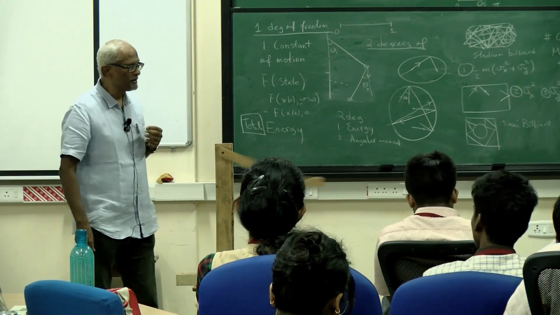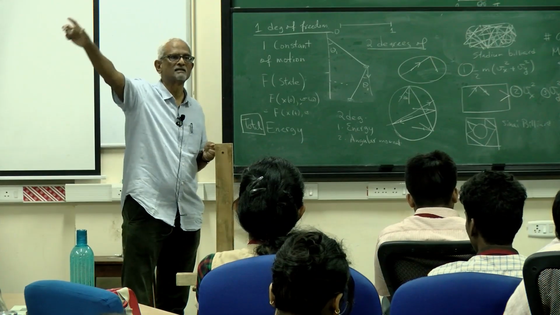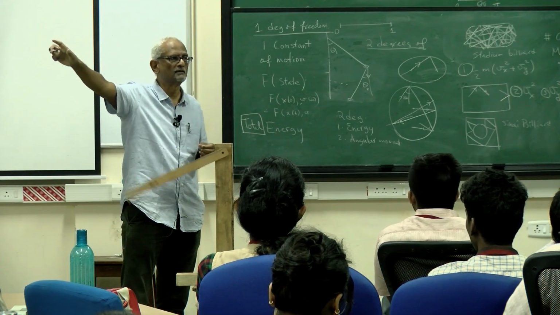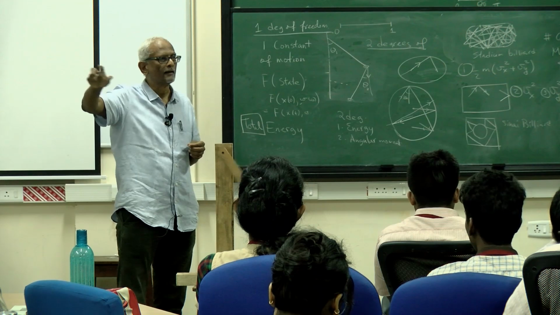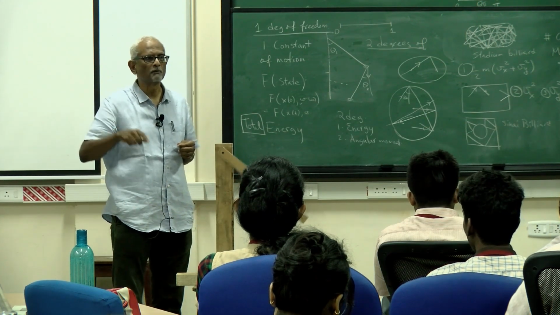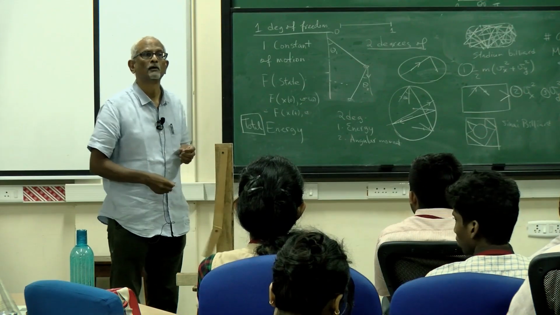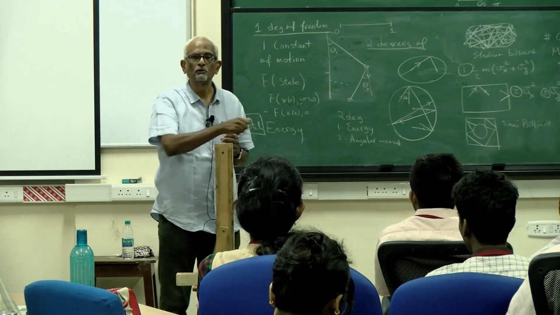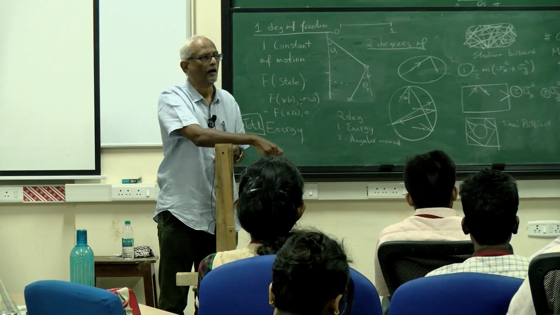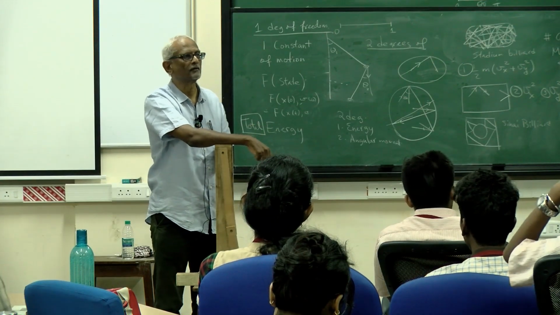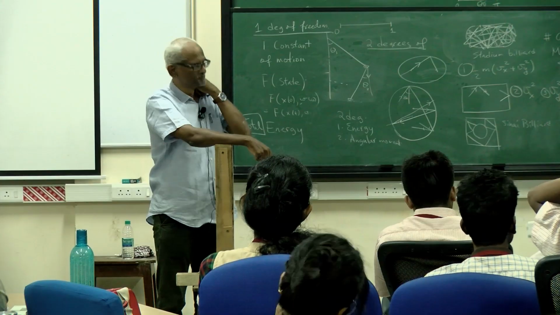Okay? Now, if you look at where physics started with the solar system and the earth and so on, right? What is the shape of Earth's orbit around the sun? Elliptic. Do you know how to prove that? How many constants of motion are there for the Earth?